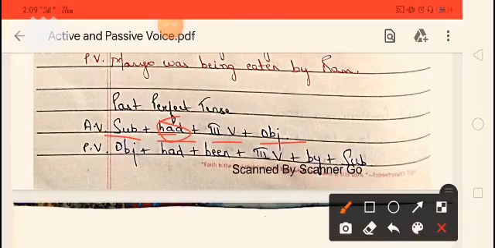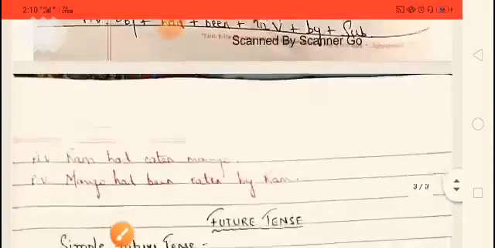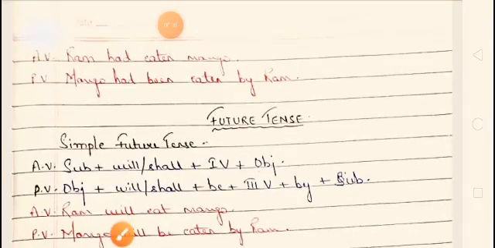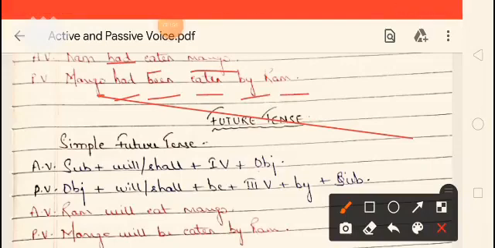When we convert into passive voice, the object will come in place of the subject, plus we use the helping verb had, plus in case of perfect tense, in passive voice the word been is used. So had plus been plus third form of the verb plus by plus subject. For example, the sentence is Ram had eaten mango. So we'll put mango in place of Ram. As only had is used, so had, then the word been, then third form of the verb eat, is eaten by Ram.